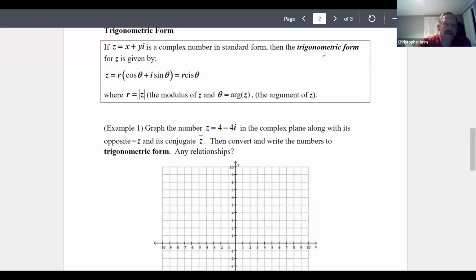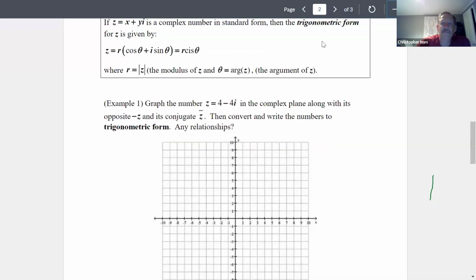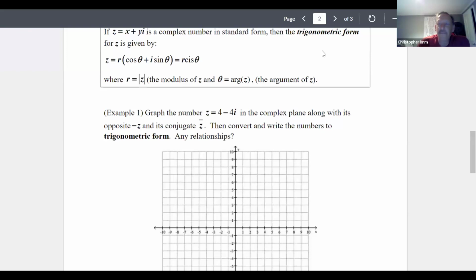Let me go ahead and scoot this down a little bit. There we go. Okay. So I'm going to go 4 in the real direction and -4 in the y direction. My point for z is going to be right about there. So that's going to be 4 minus 4i.